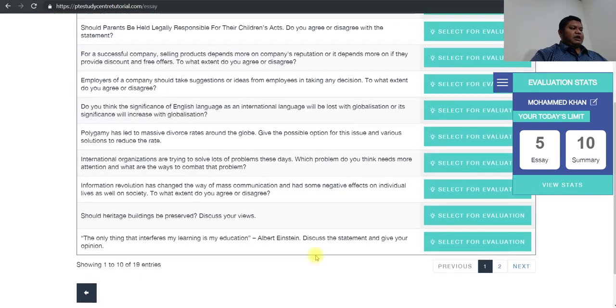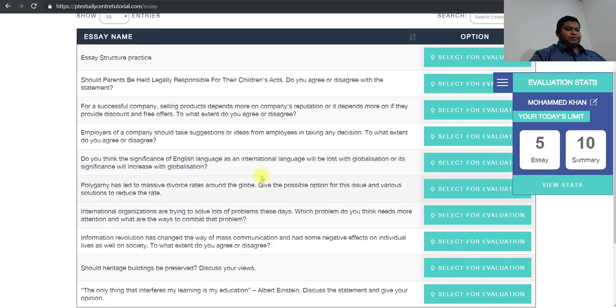Right, so I am in the essay writing section. As you can see, there are lots of essays there to select to evaluate. Let me choose one of the essays here.